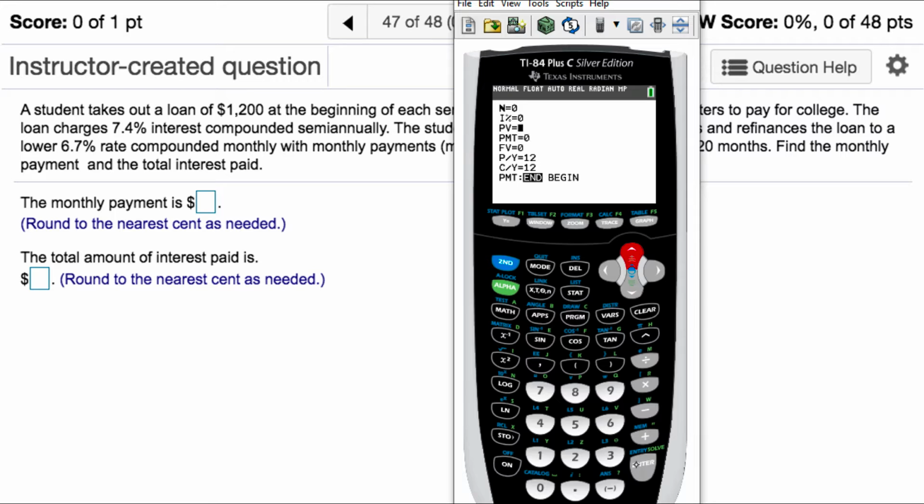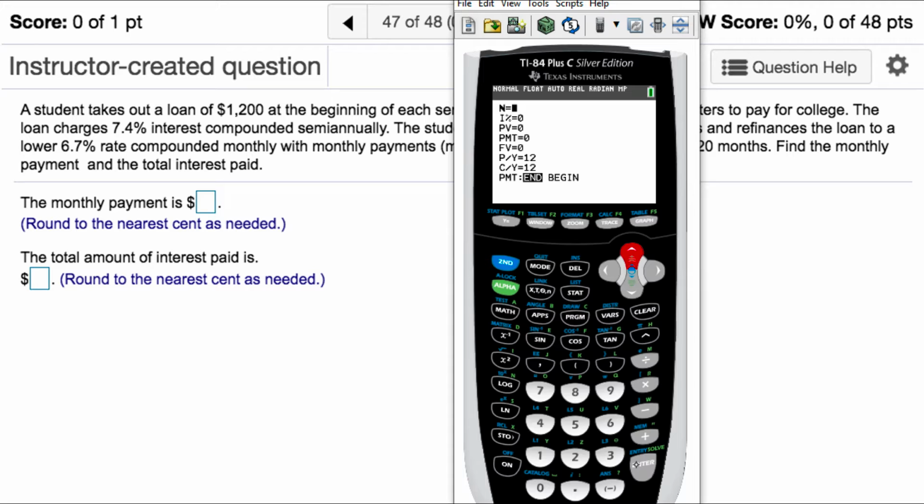All right, so let's go up to n. n is going to be the number of payments. In this case, the payment is the amount of money taken in each semester. Remember, if something's done more than once, that's a payment. So the bank or some financial institution is loaning this student money every semester. That's a regularly occurring deposit. They're giving the student the money, and then the student gives the money to the college, but that part's not important.